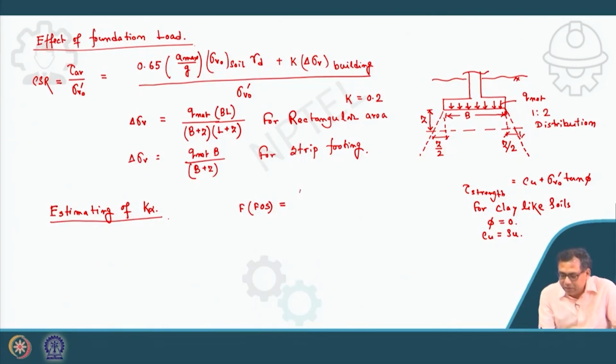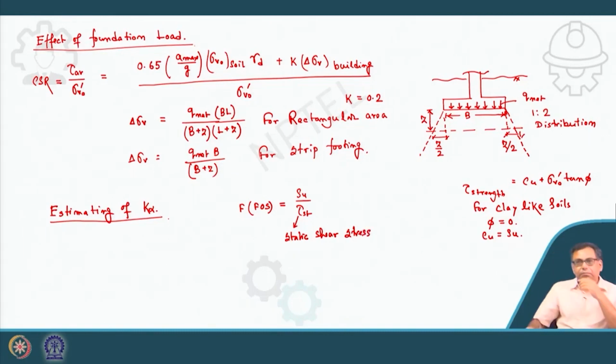So the factor of safety will be your Cu divided by the static shear stress that is developed. SU is the undrained shear strength for clay-like soil, and it is divided by ST, the static shear stress. Because your phi is equal to 0, this part will be 0.